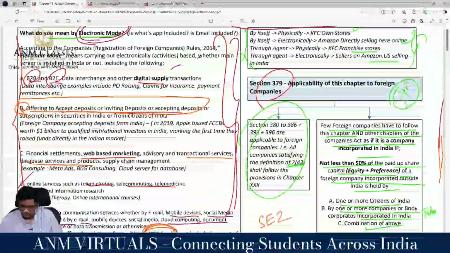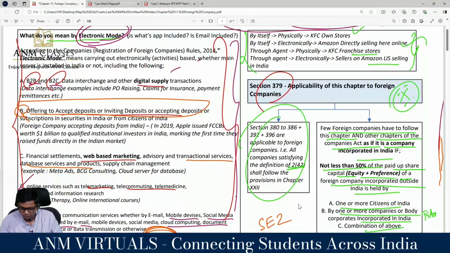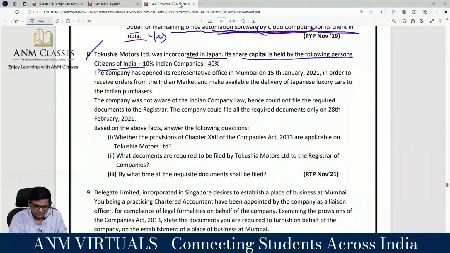Not less than 50. That means 50 or more. Like this he will test, guys. Here it is 50. So Tokushi is a foreign company to follow this chapter, not an Indian company. Are you following, guys? Happy about foreign company in the syllabus?